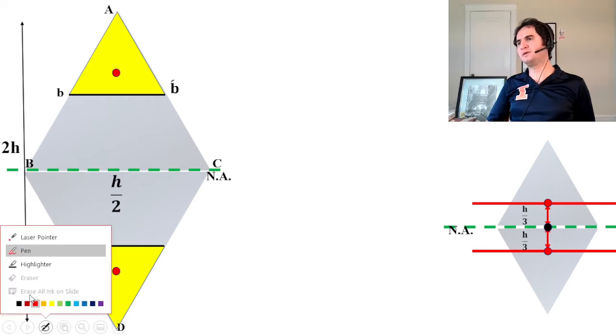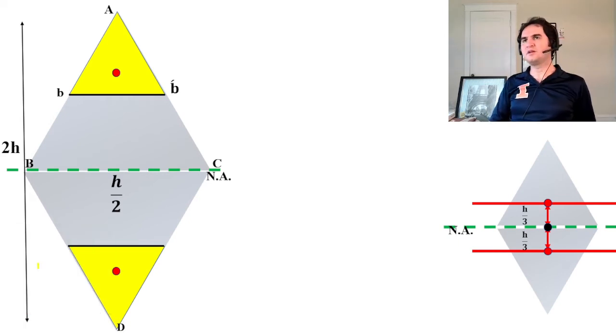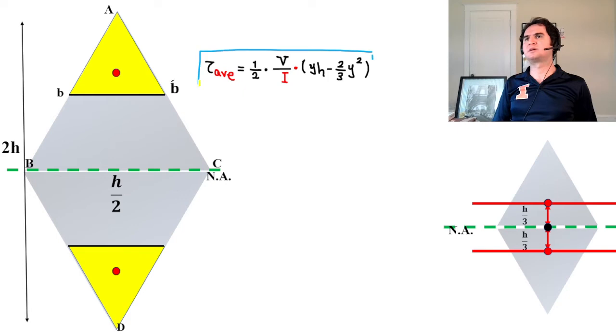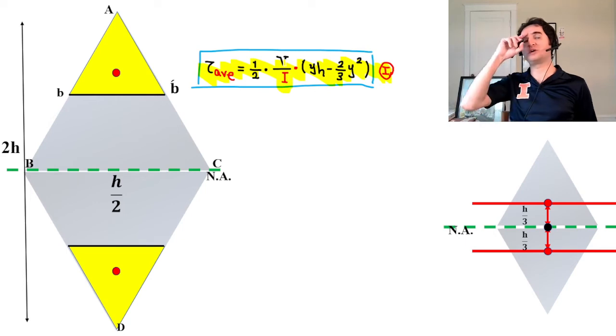If you remember from the previous example, and also from the moment of inertia calculation in chapter 6, part 2, if we have equation 1, we just want to know what I for the entire area is.